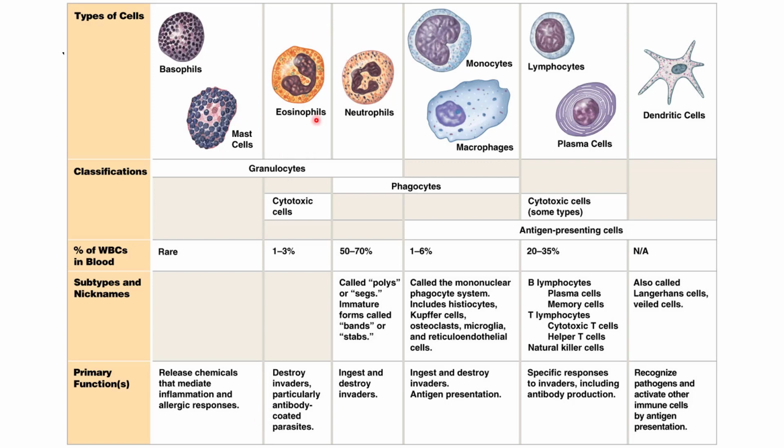In our army analogy, the eosinophils would be the scouts. Not just scouting ahead, but they're also going through their own ranks and making sure, hey, has any enemy gotten in? Is there somebody that is being parasitic?